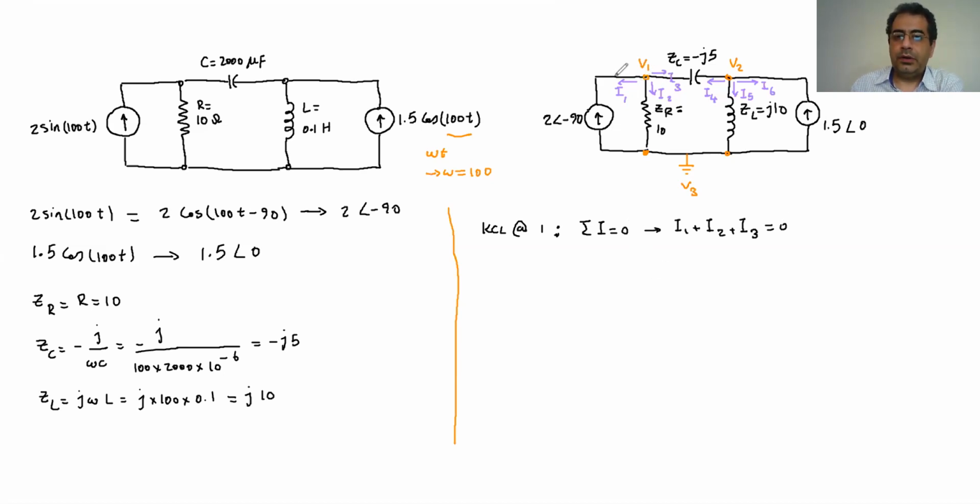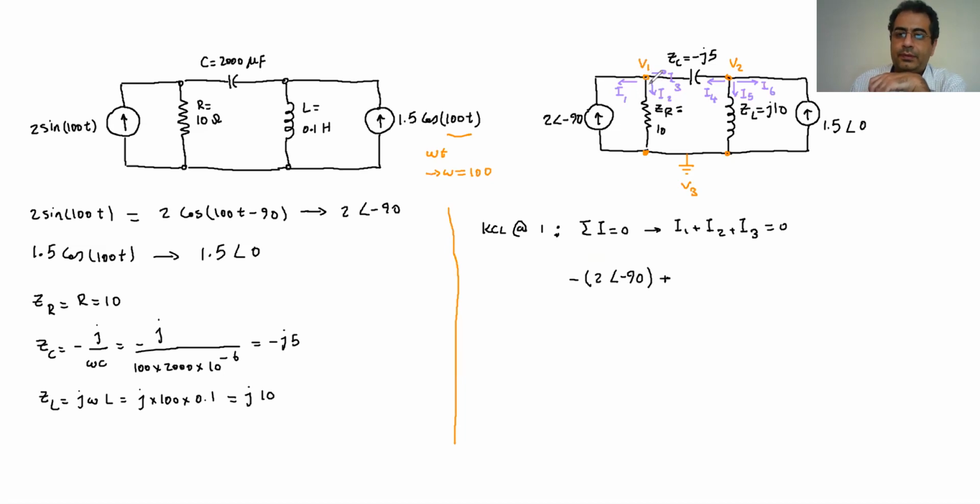I1 is in the opposite direction of the source current, so it's the negative of that: negative 2 with angle of -90. I put the negative sign here.